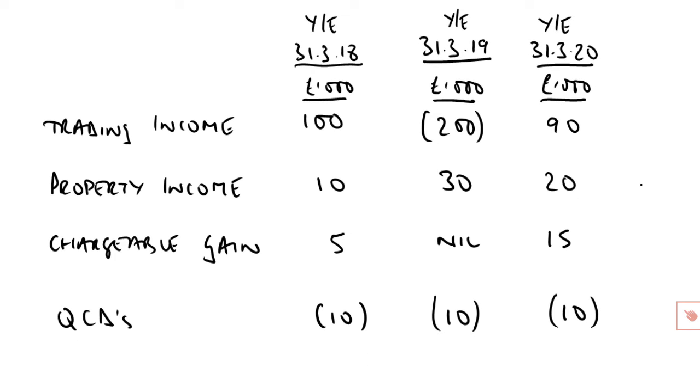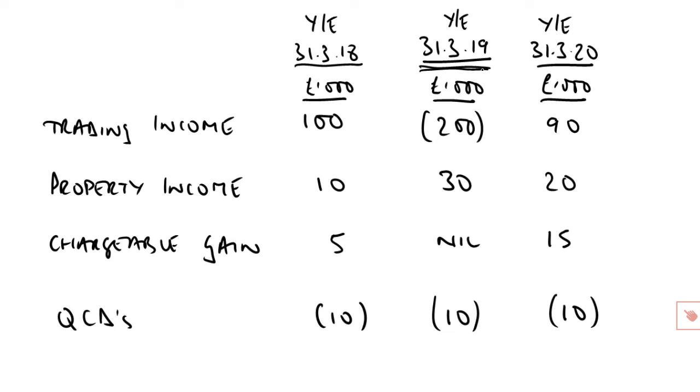Question. If this company is now within the 75% group as required for group relief to be available, how much loss in the year ended 31st of March 19, in this loss-making period, may now be surrendered as group relief?